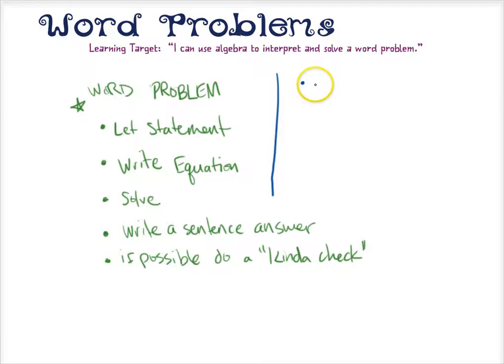So it'll say something like, David has 5 quarters in his pocket and 6 dimes in his pocket, something like that. We know that 5 quarters is 5 times 25 cents. And we know that 6 dimes is 6 times 10 cents.